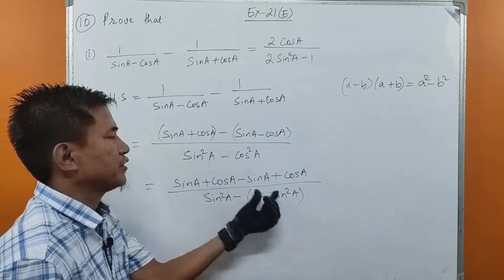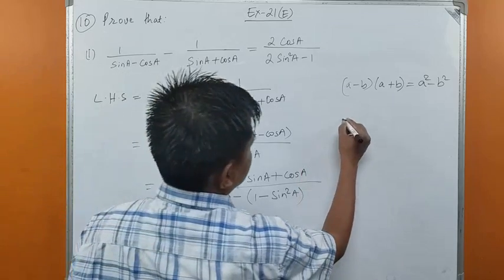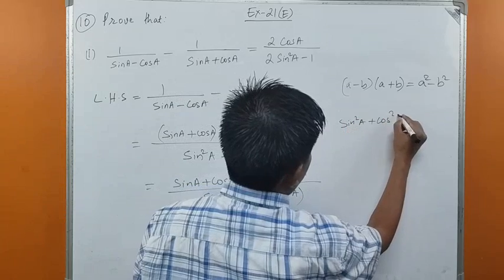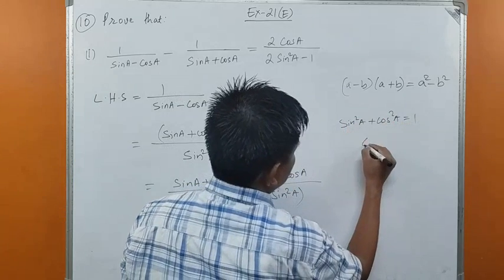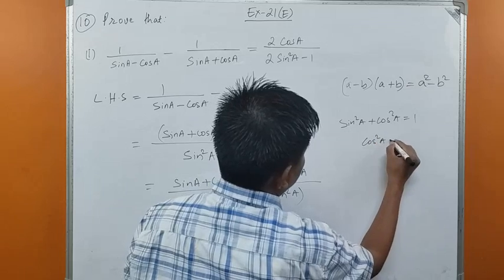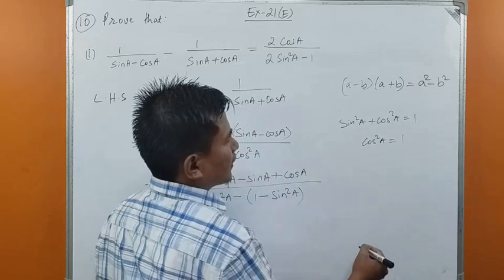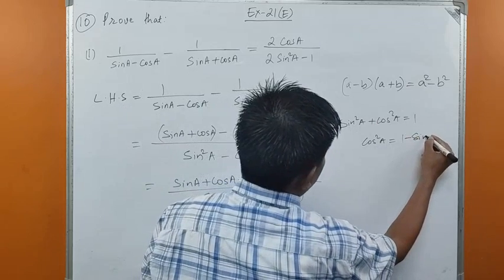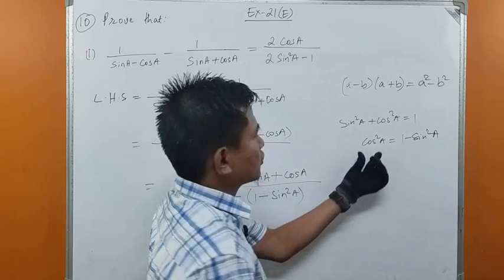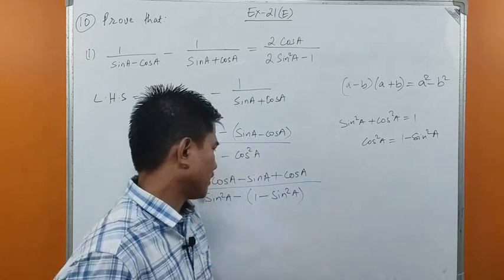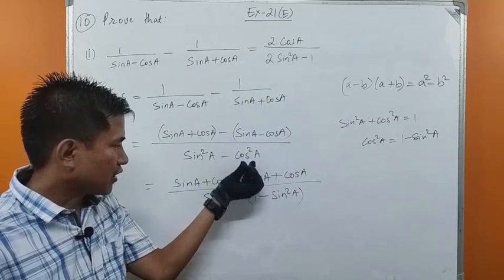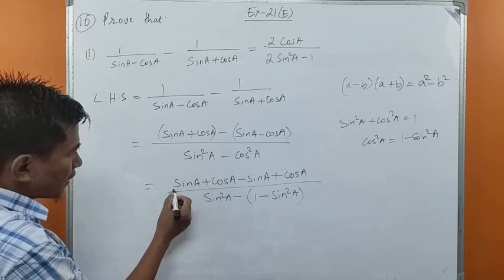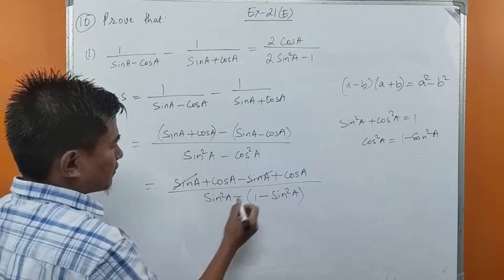1 minus sin square A means cos square A. You know that sin square A plus cos square A equals to 1. So cos square A equals to 1 is already in the right hand side. So let's take this sin square A to the right hand side minus sin square A. So cos square A can be written as 1 minus sin square A. Instead of this cos square A, I am writing 1 minus sin square A. Okay, so this minus plus sin A and minus sin A can be cancelled.